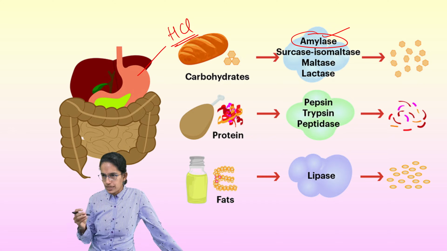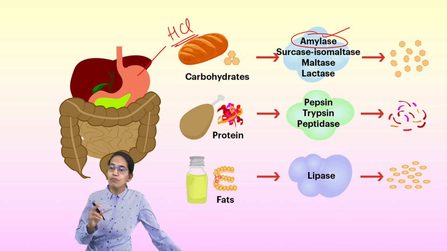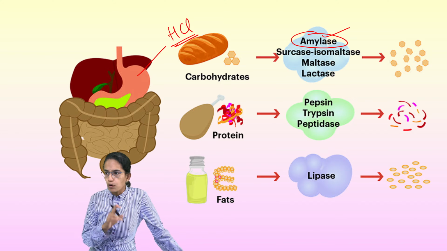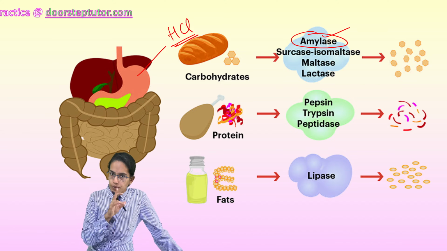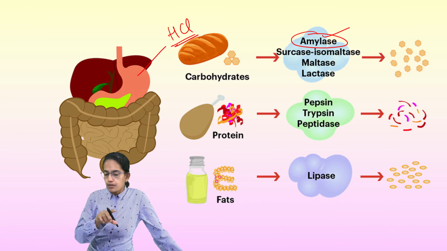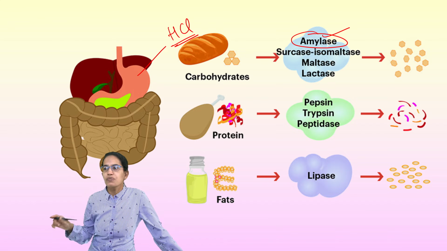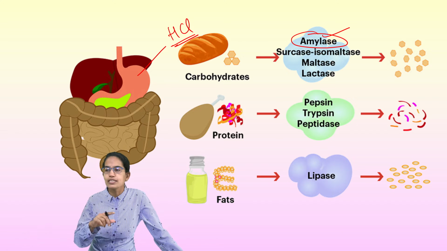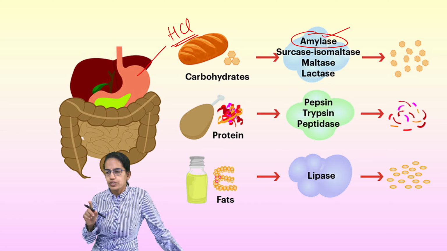It makes the food acidic, destroys the bacteria. One important function is it activates the inactive propepsin and prorenin. The inactivated propepsin becomes activated pepsin. The inactivated prorenin becomes activated renin. So that is the function of hydrochloric acid, extremely important.